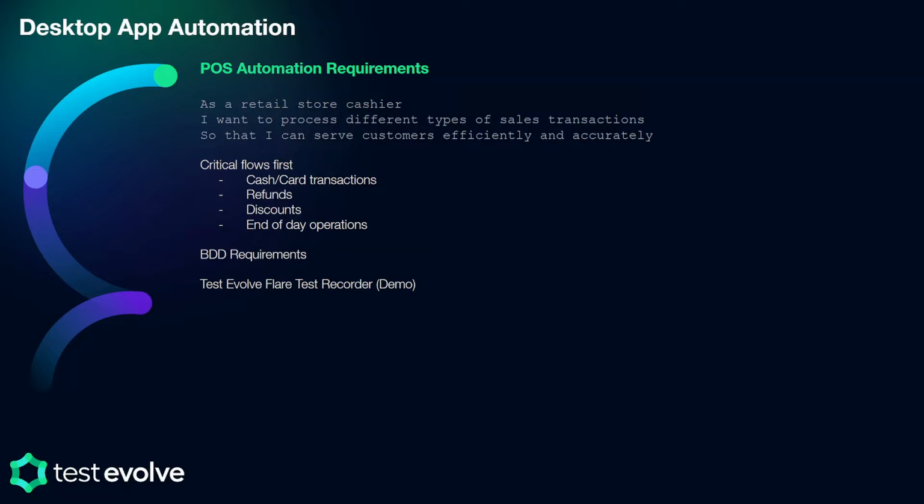And we'll look at how to change that into a BDD requirement. So normally with BDD, you're developing the system from scratch, and you're creating the requirements that the developers will use and the testers will use, and they'll be based on what the business wants.